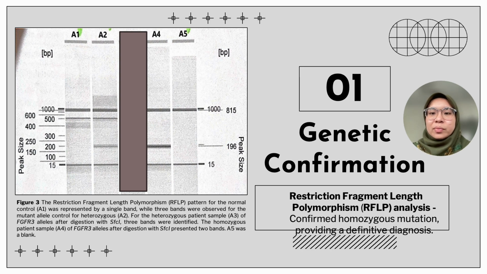After digestion with SfcI, 3 bands were identified. The homozygous patient sample A4 of FGFR3 alleles after digestion with SfcI presented 2 bands. A5 was a blank. RFLP analysis confirmed homozygous mutation, providing a definitive diagnosis.